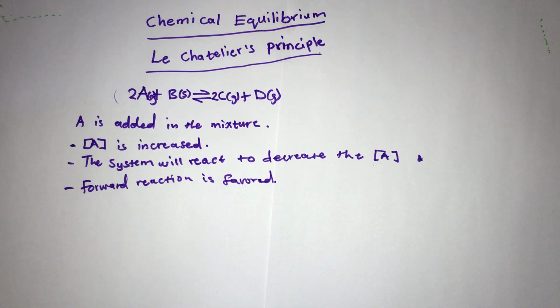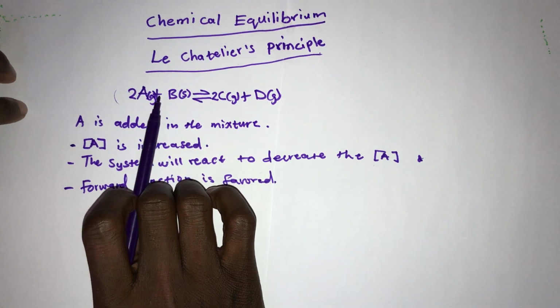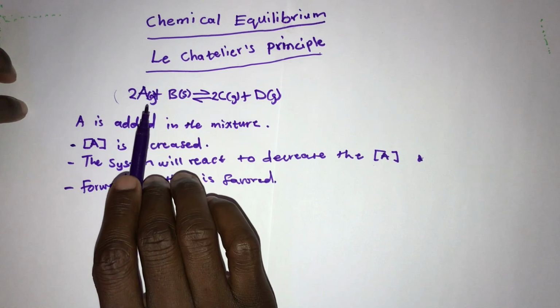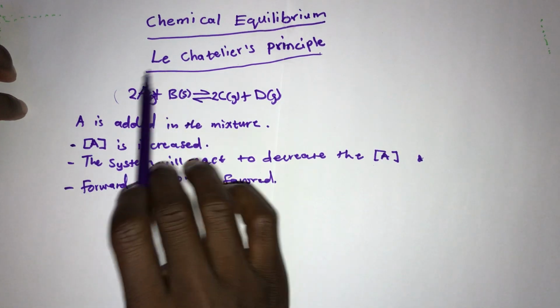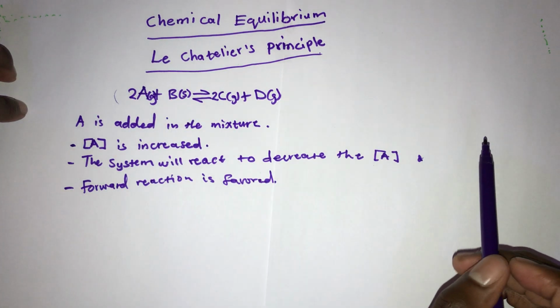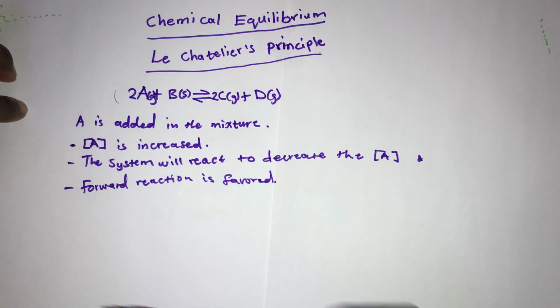This is what we must remember, we can cram it if we can. With concentration, when you add on the reactants, since we are calling the reactants the reverse side, the other side is going to be favored. When you add the products, the other side will be favored.